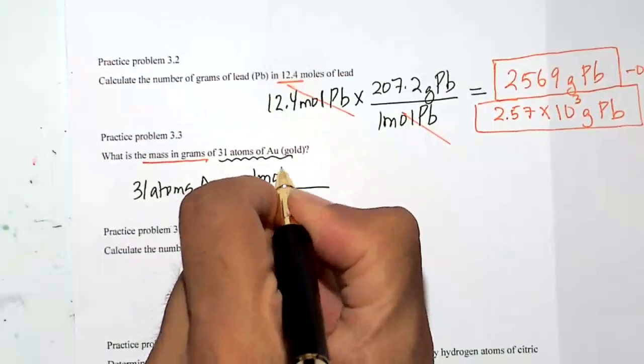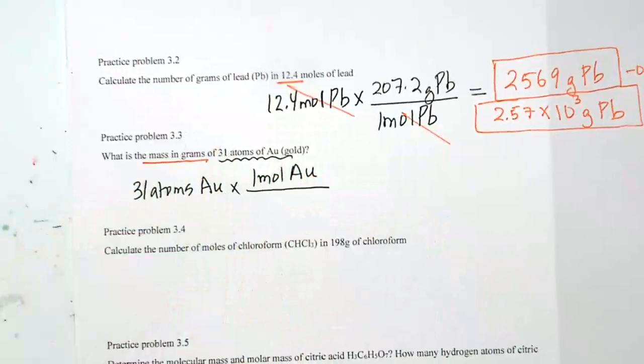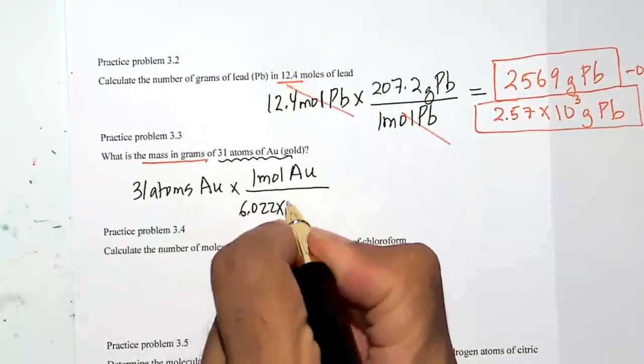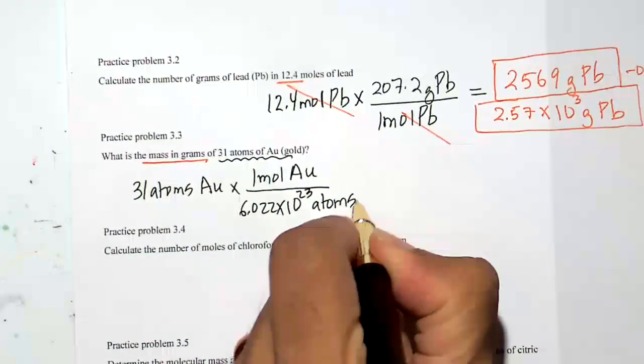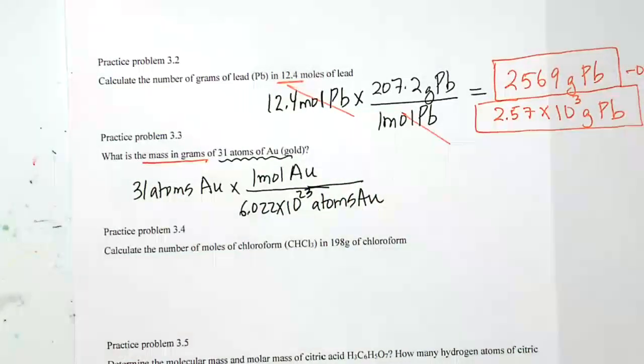Okay, 1 mole of Au contains how many atoms of Au? 6.022. Very good. Everyone see that? 1 mole of Au is 6.022 times 10 to the 23rd atoms of Au.